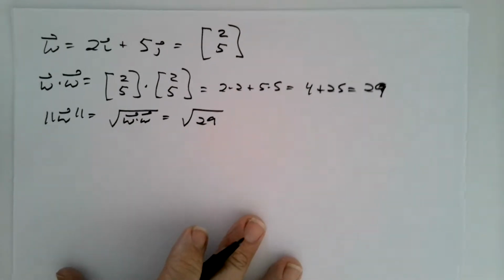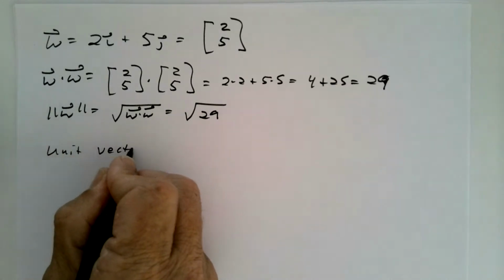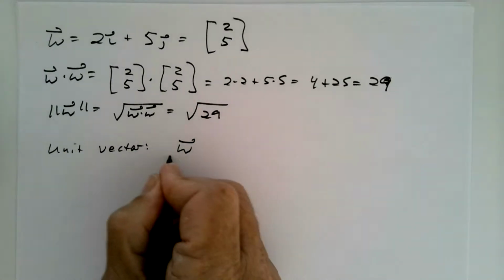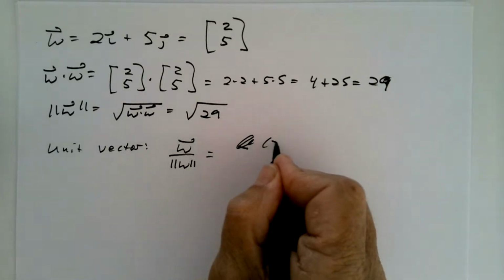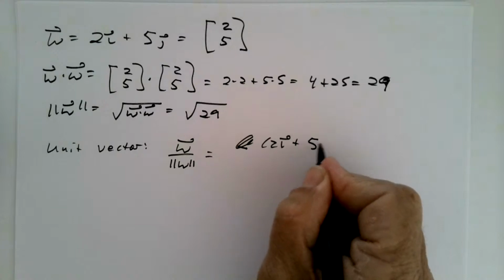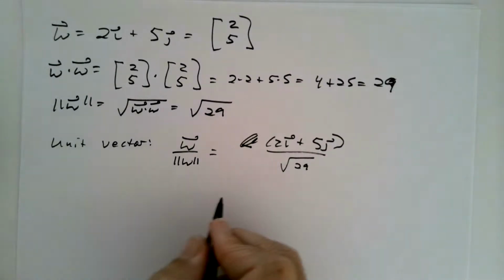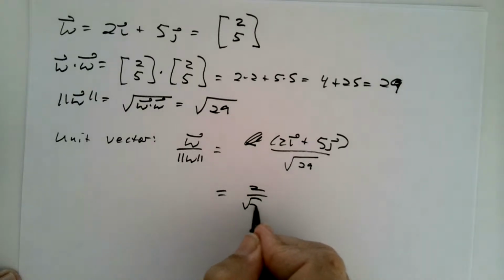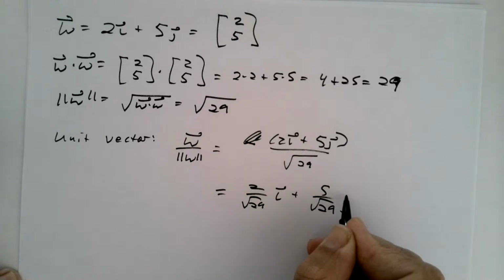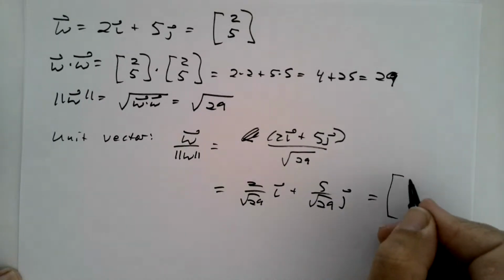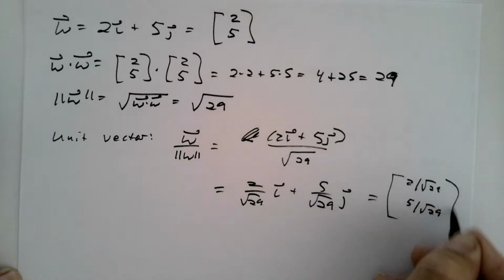So the unit vector, how do I get the unit vector? The unit vector is W divided by its length. So 2i plus 5j divided by square root of 29, which would give me 2 over root 29 i plus 5 over root 29 j, or in the other format, <2 over root 29, 5 over root 29>.